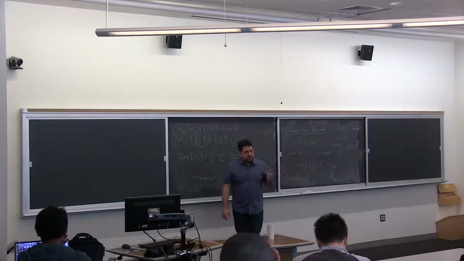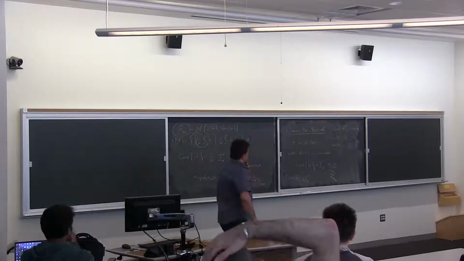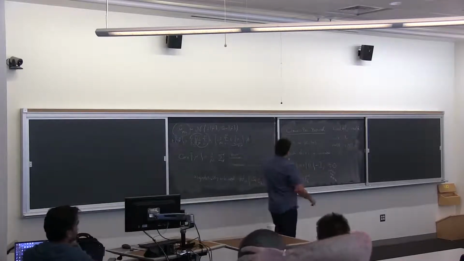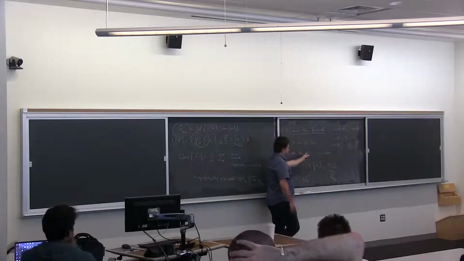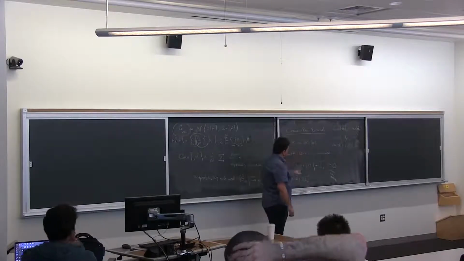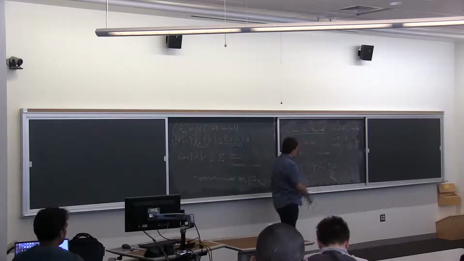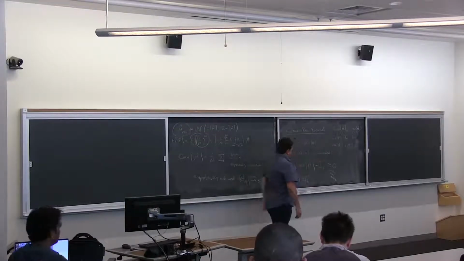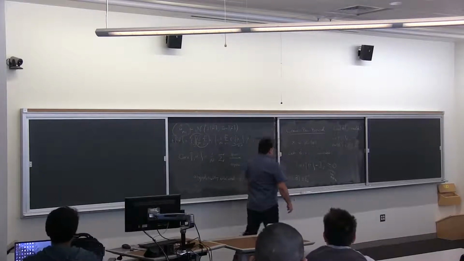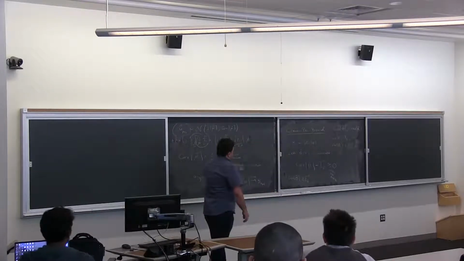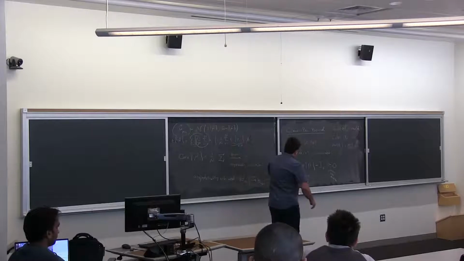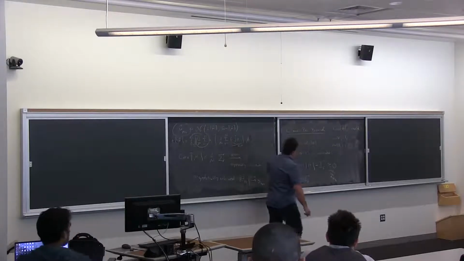There are extensions of this which are suitable for estimators that are not unbiased. For biased estimators, you need to take into account the Jacobian of the estimator somehow in here. You can find it online easily. I don't remember the expression, so I don't want to write it up.